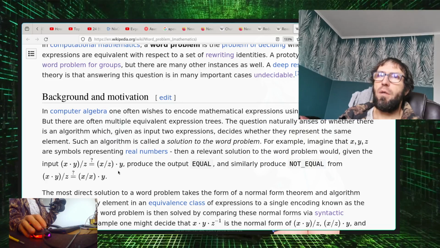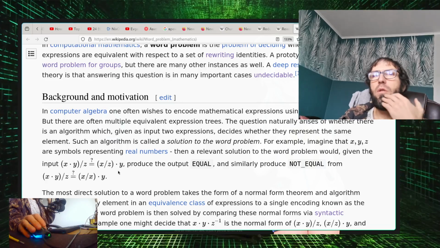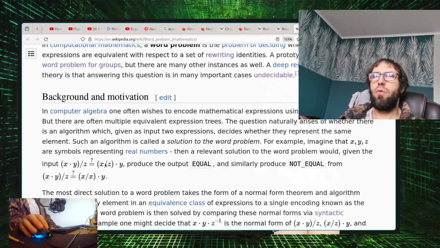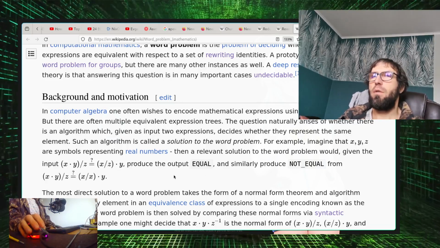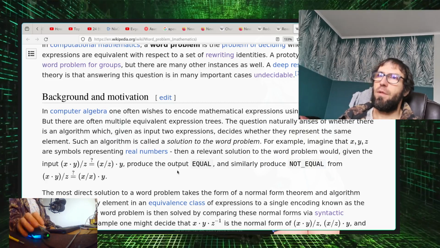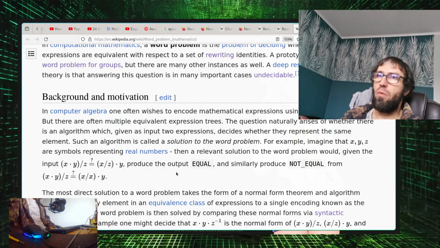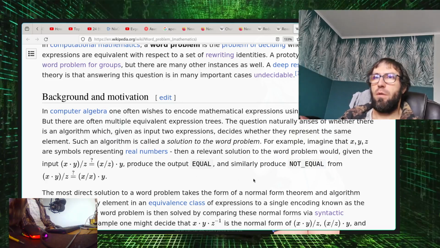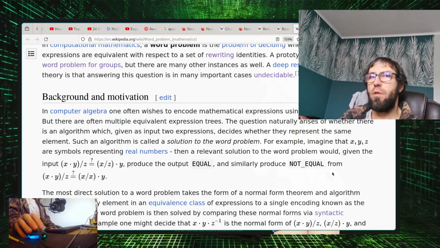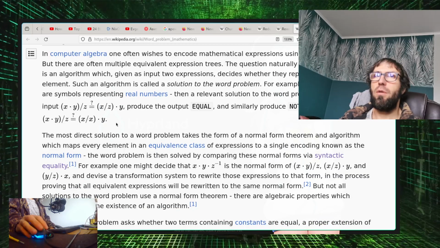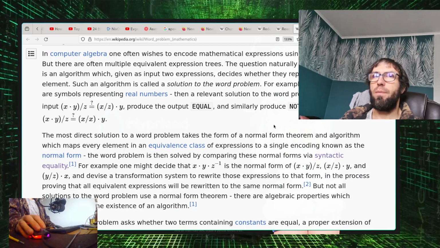We need to write a computer program which takes these two expressions and produces "equal" if they are equal, and otherwise produces "not equal". For example, for these two expressions, it will produce not equal.